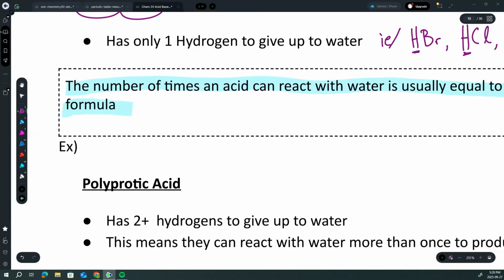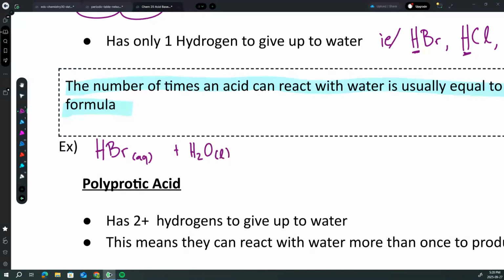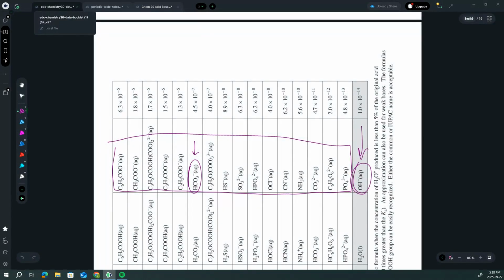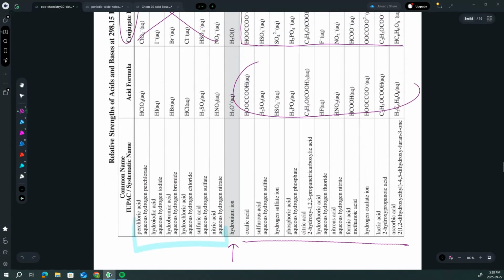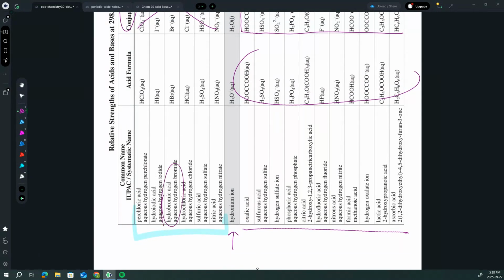For example, if we have hydrobromic acid and we're reacting it with water because we're writing a modified Arrhenius reaction. If we look hydrobromic acid up, we can find it right here.